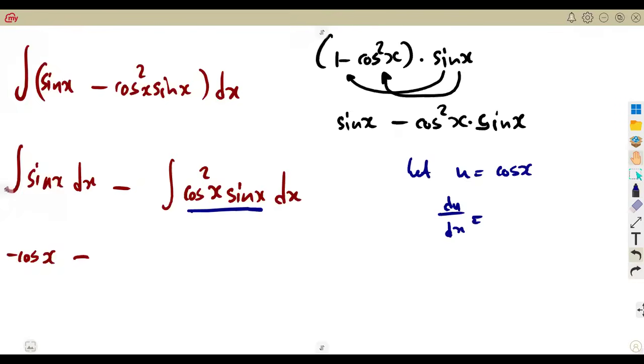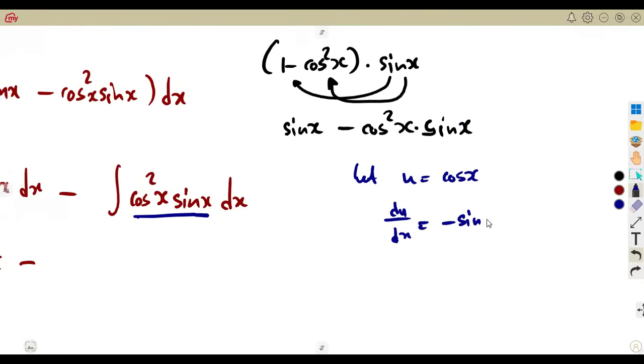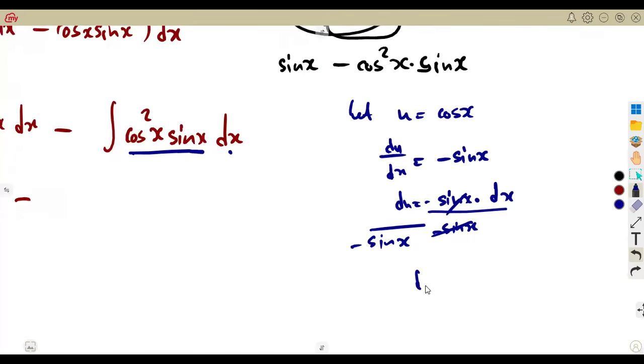Remember your substitution method. That's negative sine of x. Then we make dx the subject: du is equal to minus sine x dx. Divide by negative sine x both sides. So this is our dx that we need in the substitution: du over negative sine x.